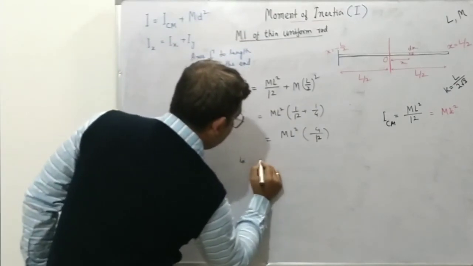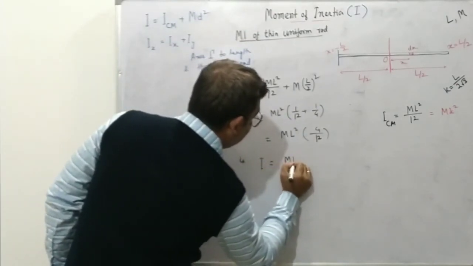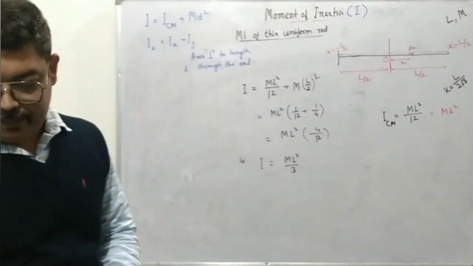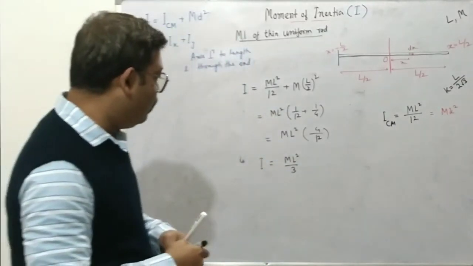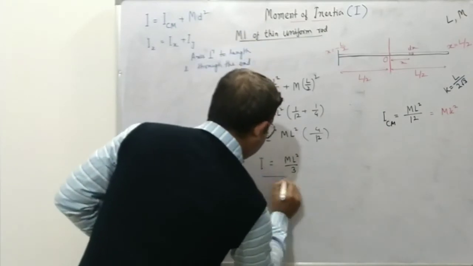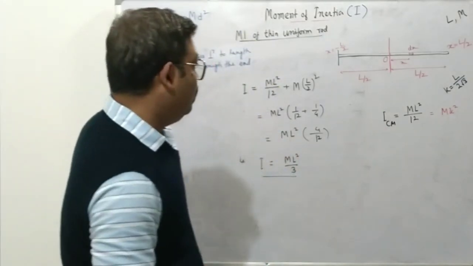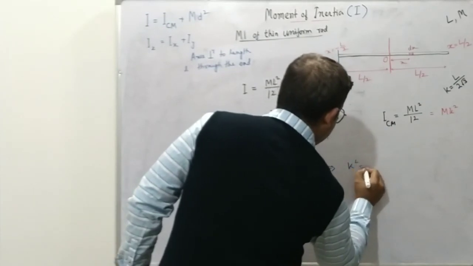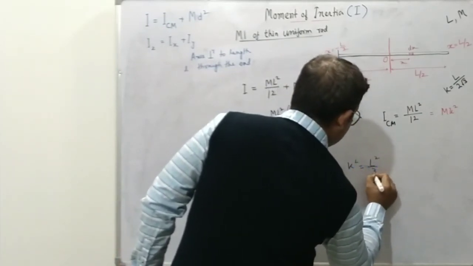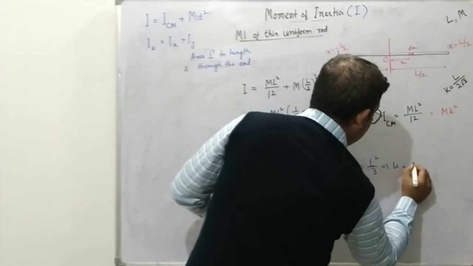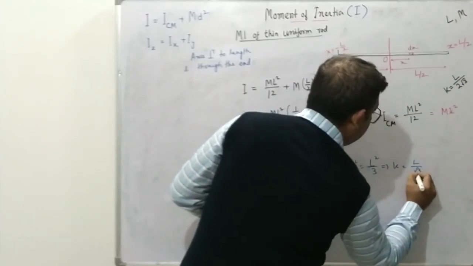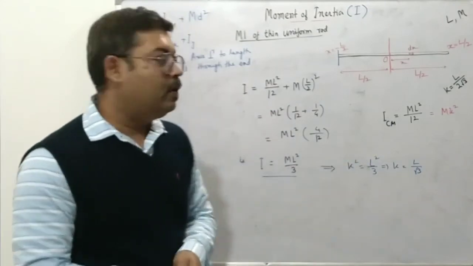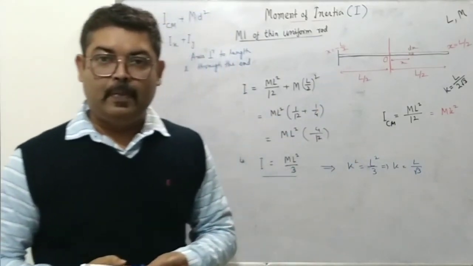That is to say, I will be equal to M L squared by 3, or one third M L squared. So this will give us k squared equal to L squared by 3, or k equal to L by root 3. See, again we have found different radii of gyration for different axes of choice.